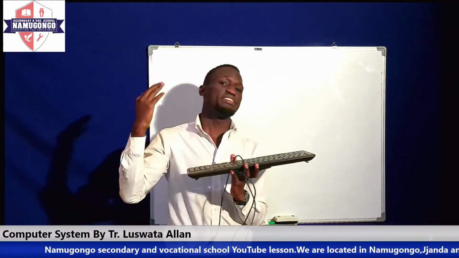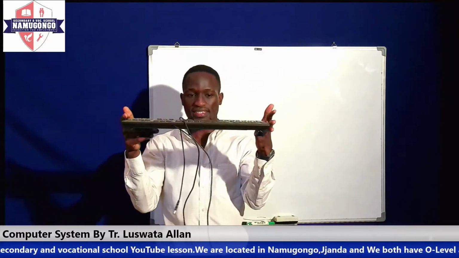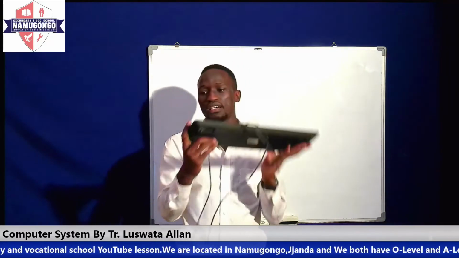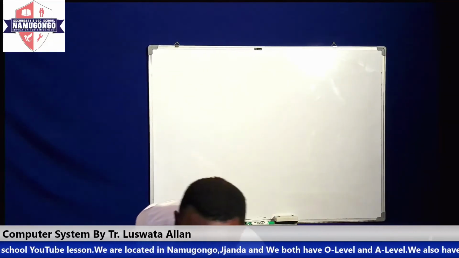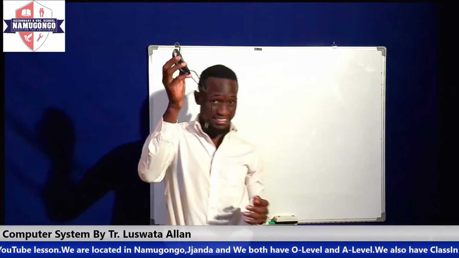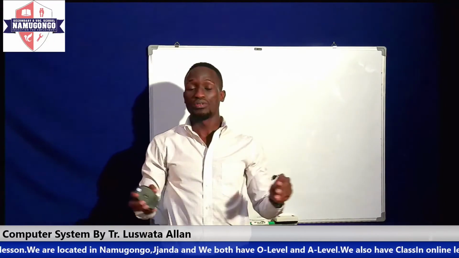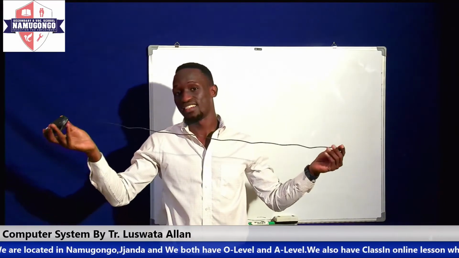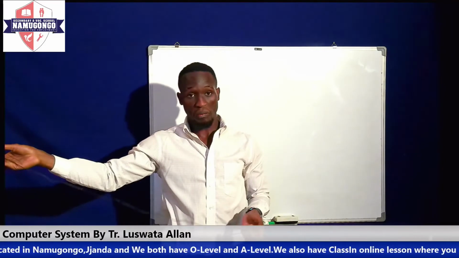It feeds data into the computer. This is one of the examples, our keyboard. Another example that we usually use is a mouse. We use a mouse to feed data into a computer.